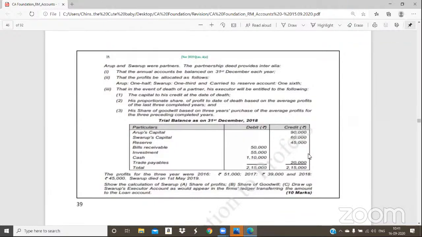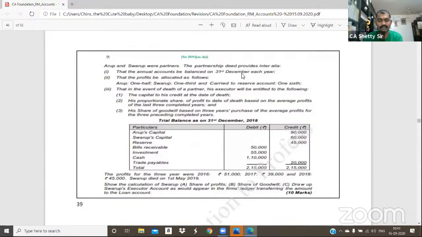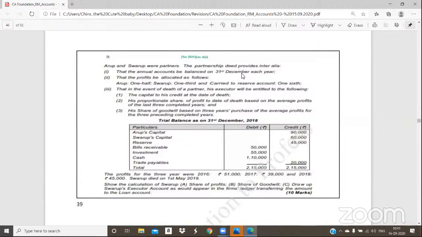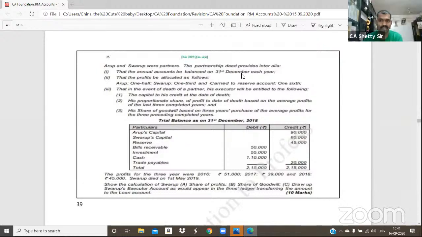That the annual accounts to be balanced on 31st December each year. So they are closing the year accounts on 31st December. Next. That the profit be allotted as follows. Allocated, read correctly. Don't read what you want to read; read what is there to be read.